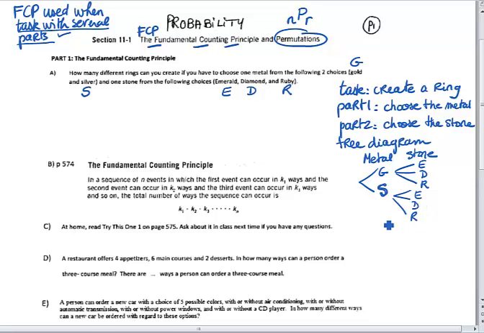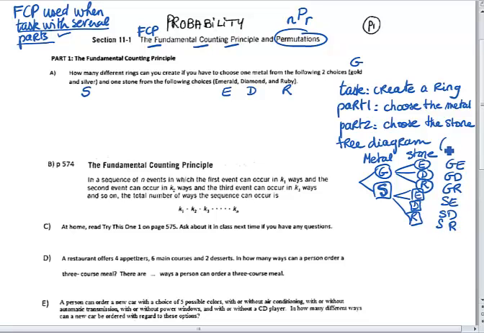So when you look at that and you think about how many rings you got, you either got GE, this is the first ring, or GD, or GR. What are the options? SE, or SD, or SR. So how many choices is that?